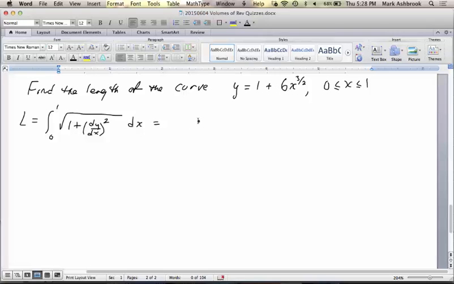And what is dy dx? Which is what? 18 halves, 9 x to the 1/2. Is that right? Squared, dx.